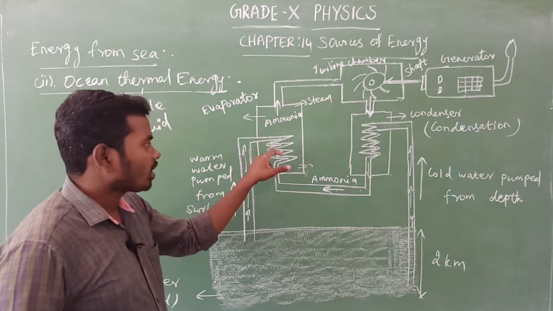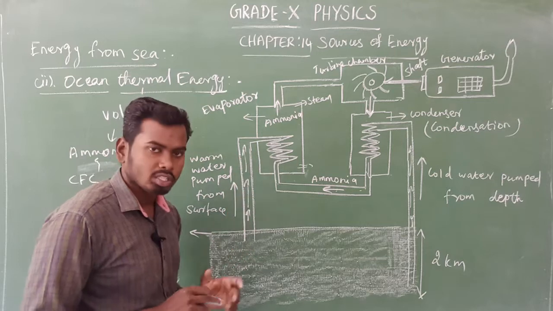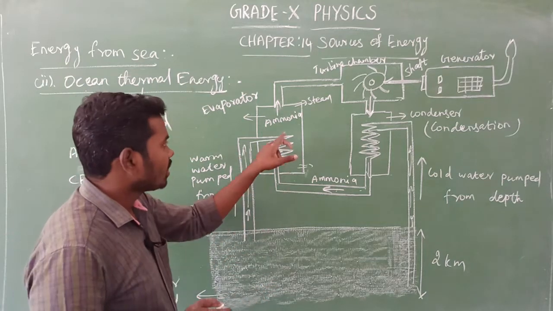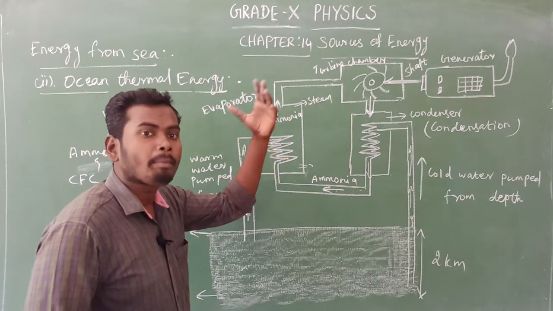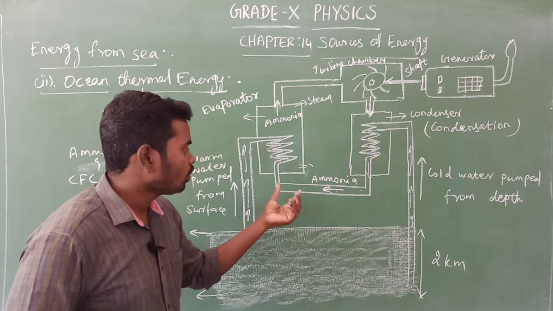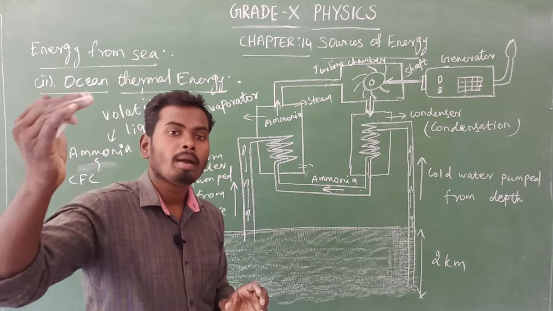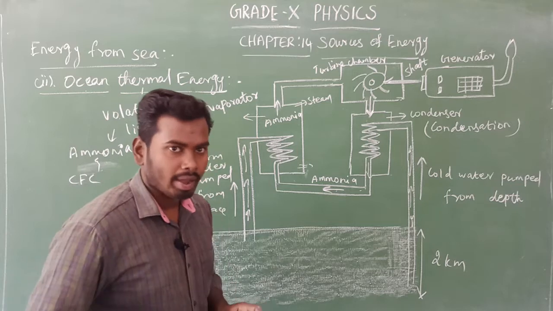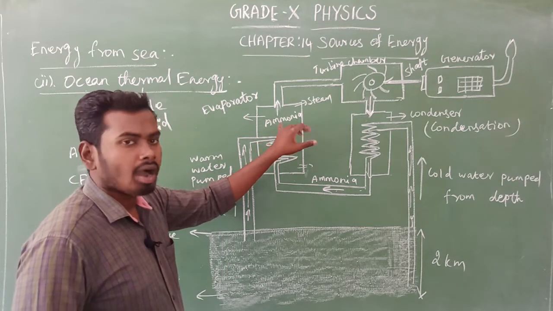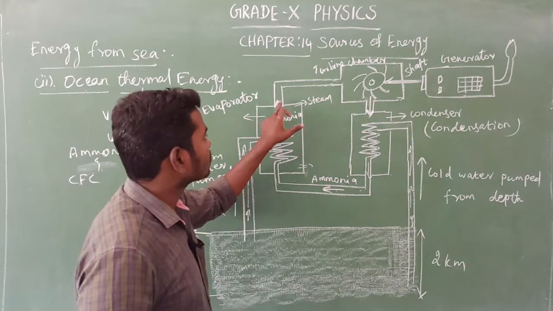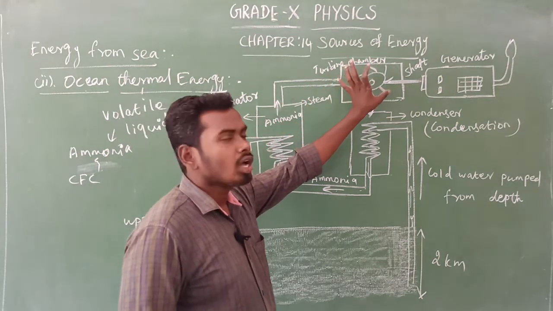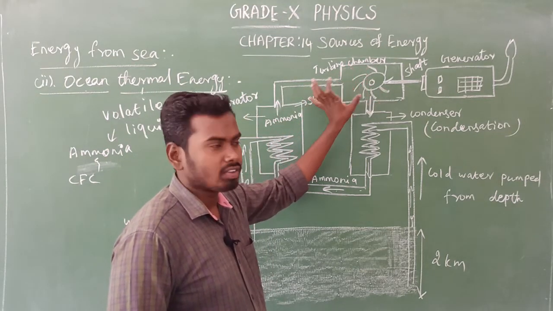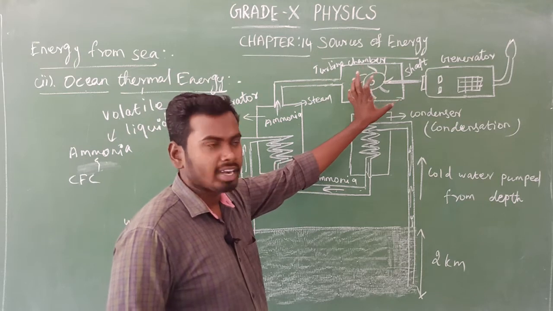So this water temperature is more, due to which the ammonia gets vaporized easily, which means the liquid form of ammonia changes into steam, which means vapor. When the high pressure vapor passes through this pipe, it goes to the turbine chamber.